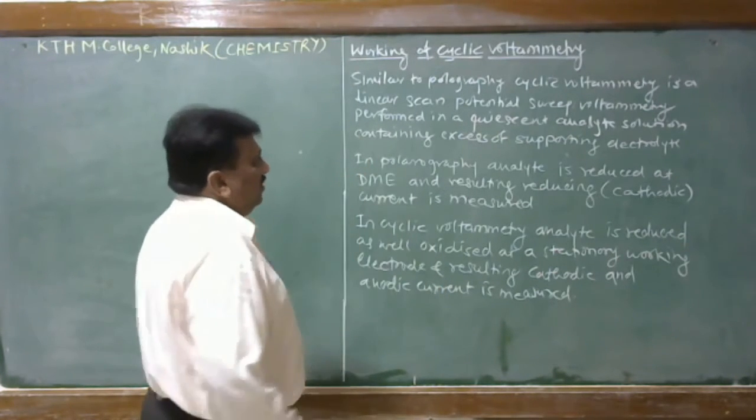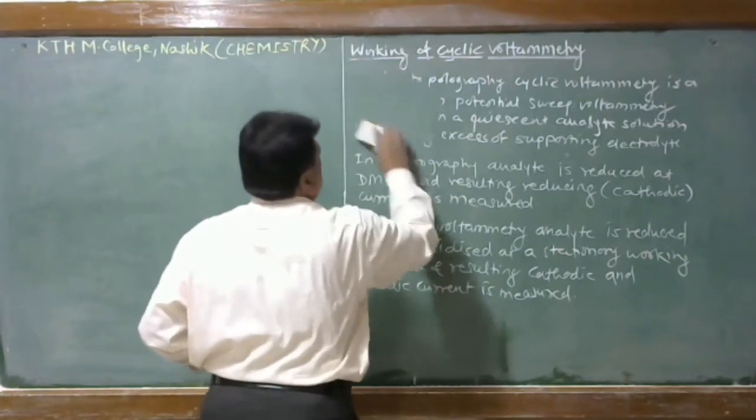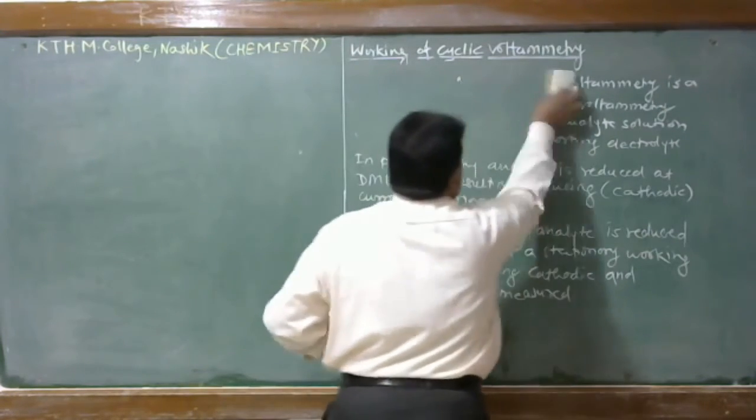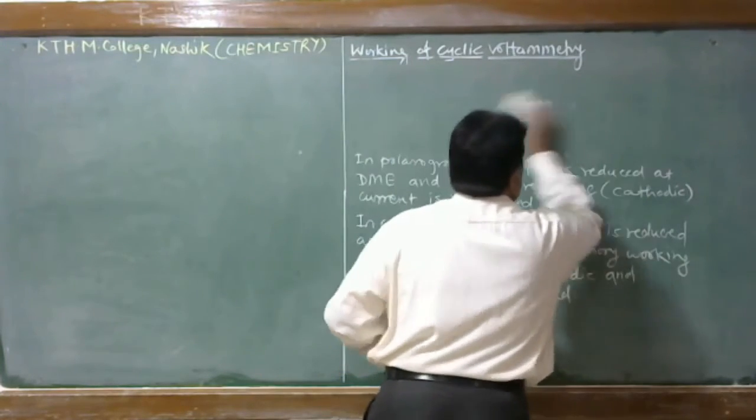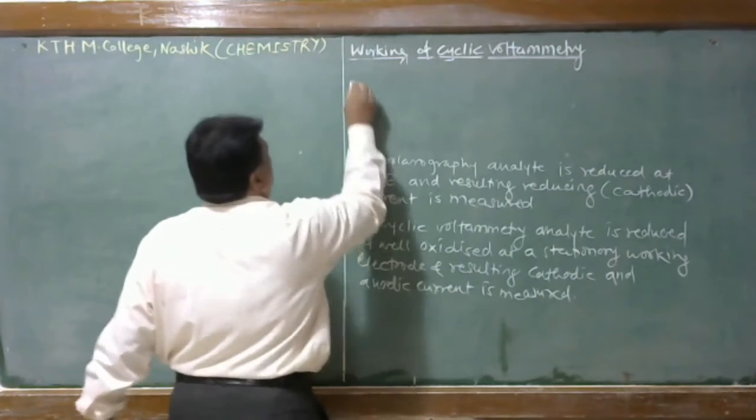Now we discuss the working of this cyclic voltammetry with example of a reducible ferrous-ferric system.